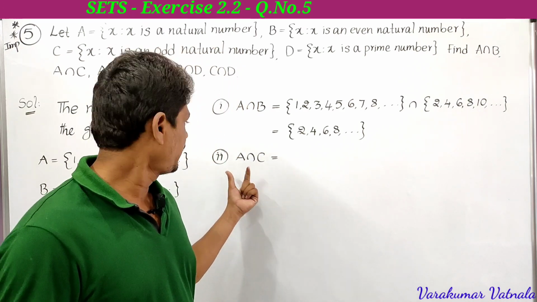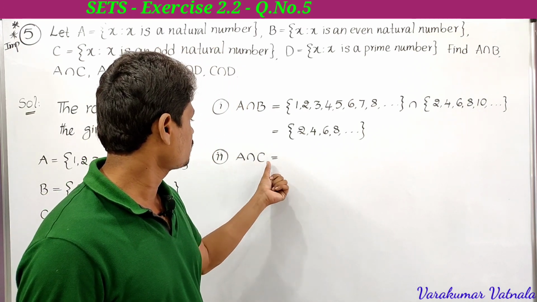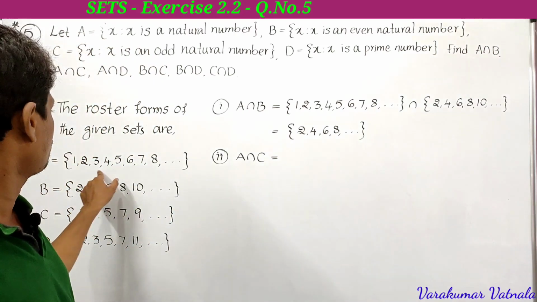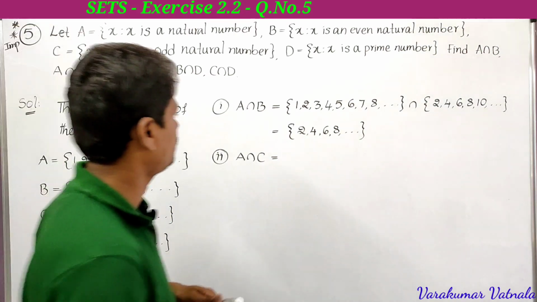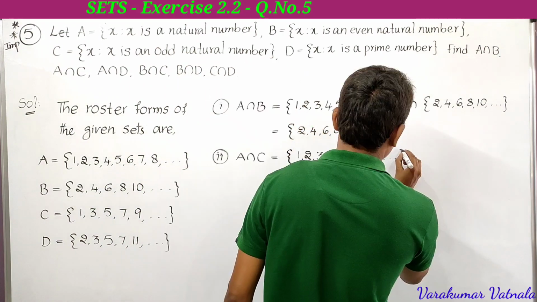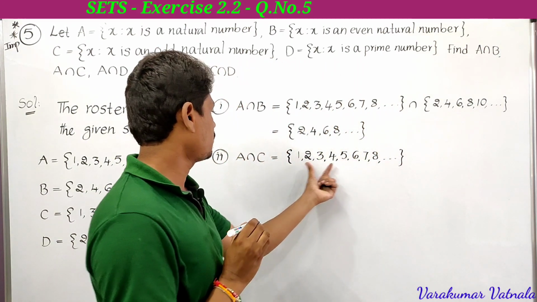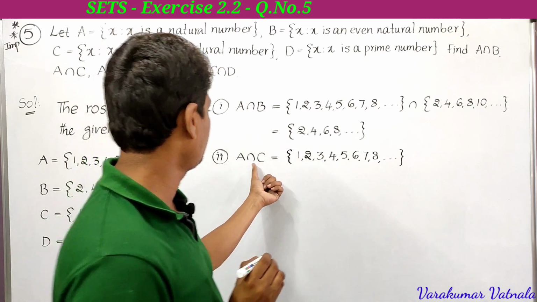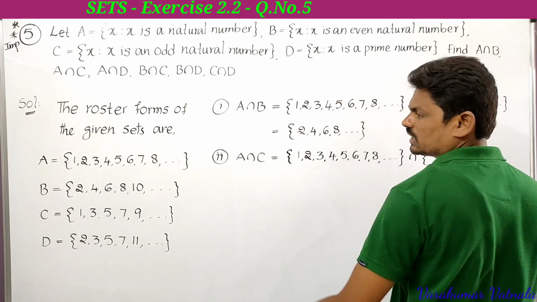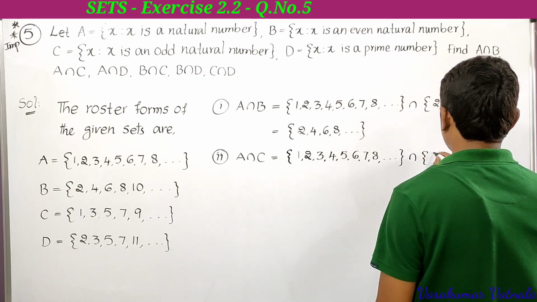Now we have to find A intersection C. First we write set A, then intersection, then set C. Set A is 1, 2, 3, 4, 5, 6, 7, 8. Next we write set C. What are the elements of C? 1, 3, 5, 7, 9.